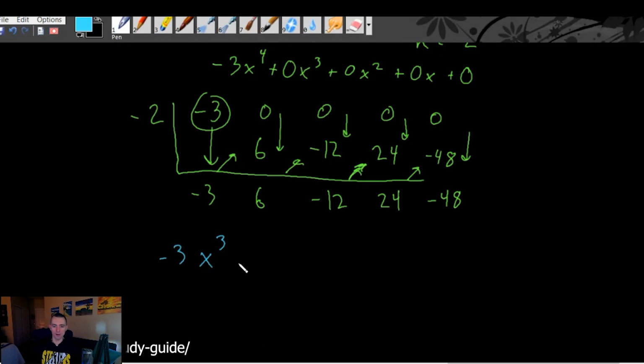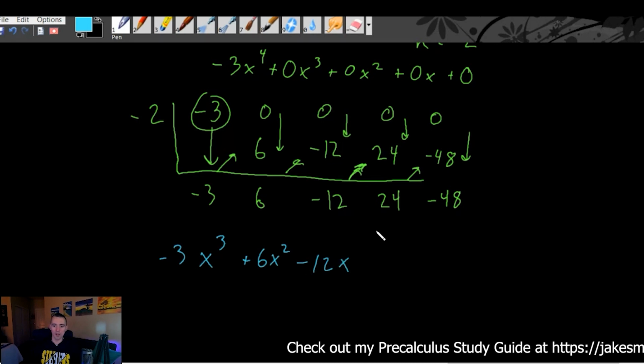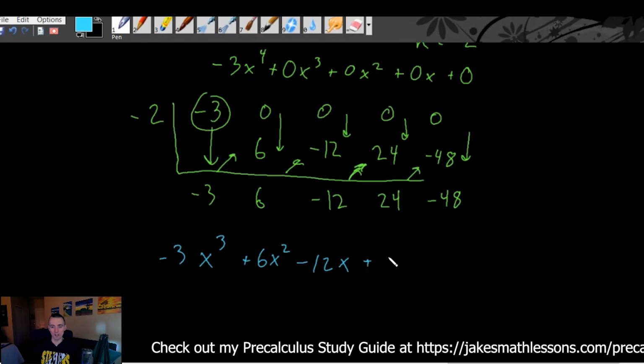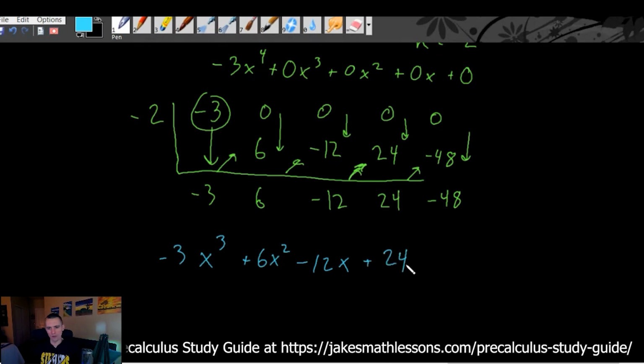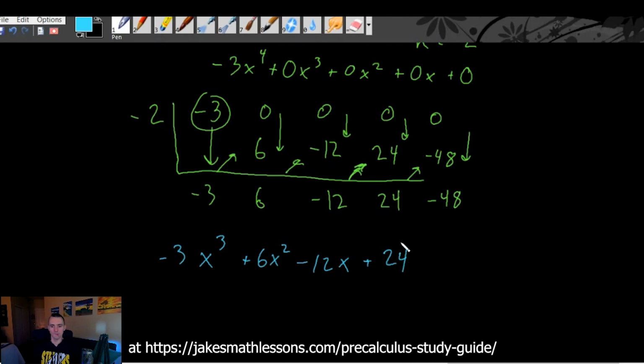Then you're going to do this coefficient times the next power x term down, so x squared plus 6x squared. Then this number times the next x power down, so minus 12x. And then this second to last number is always going to be your constant term. Sorry about that. So plus 24.